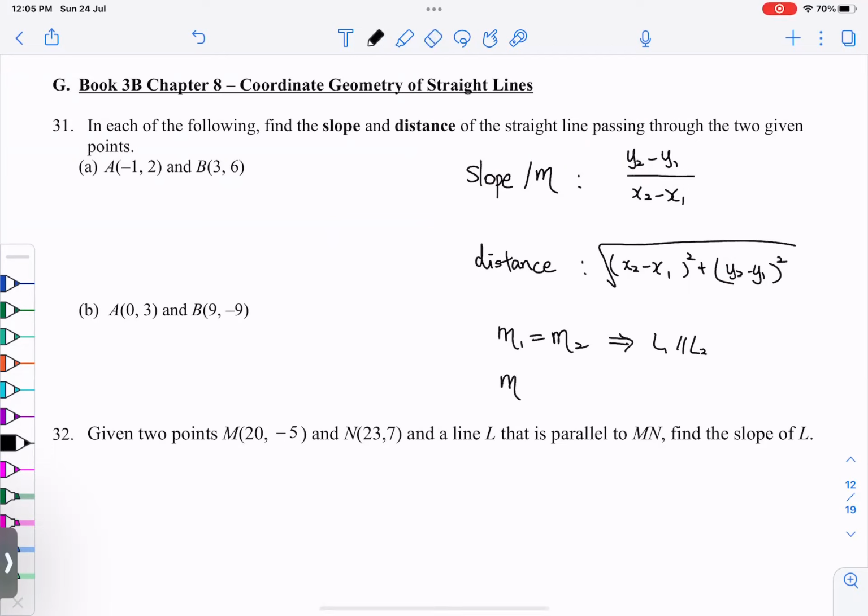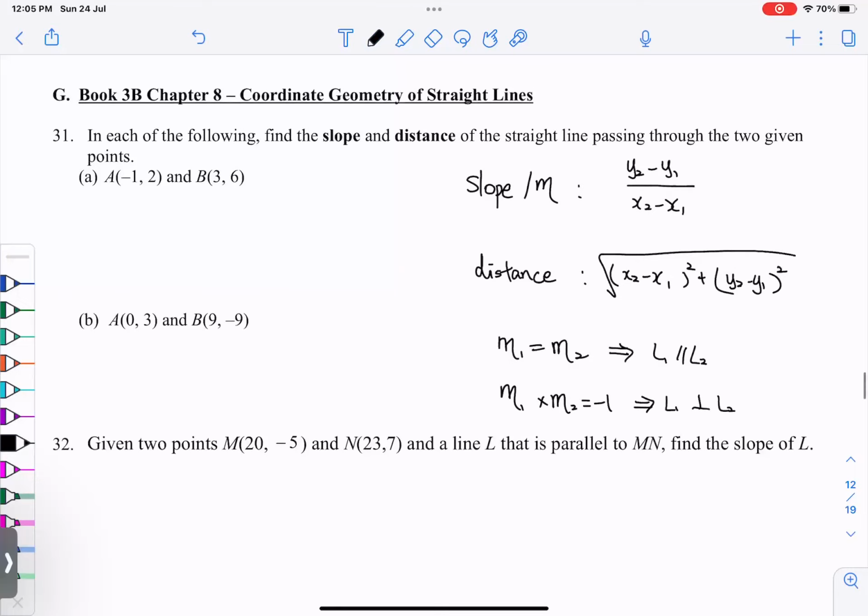But if your slopes, after multiplying both of them, give a negative, then it shows the lines are actually perpendicular to each other. For example, a line is like this and the other line is like this. There's a 90-degree angle here. So these two slopes, after multiplying, will equal -1.